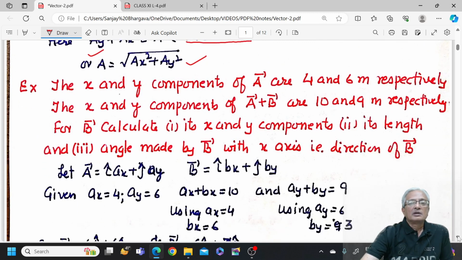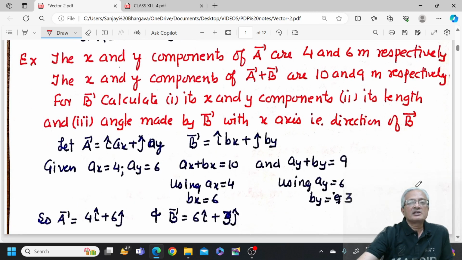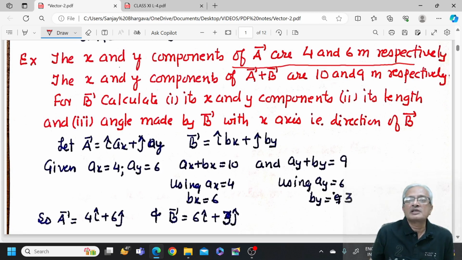Now based on our understanding, let us try this example. The X and Y components of A vector are 4 and 6 meter respectively. The X and Y components of A vector plus B vector are 10 and 9 meter respectively.